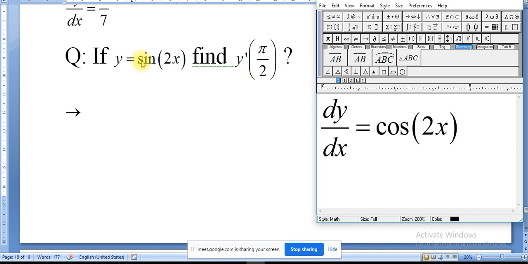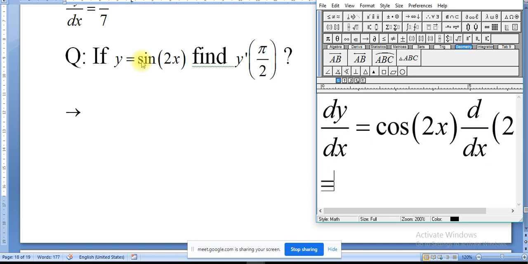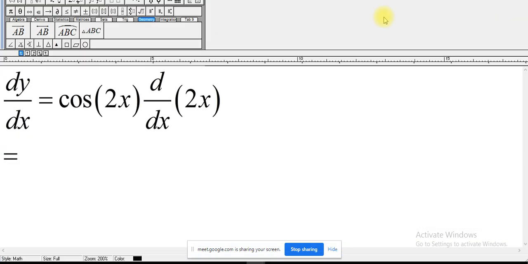Now don't forget to do the next part. You have to multiply this with the derivative of 2x. Many students forget to do this part. Remember that we are doing a composite function part now. So this is very important.